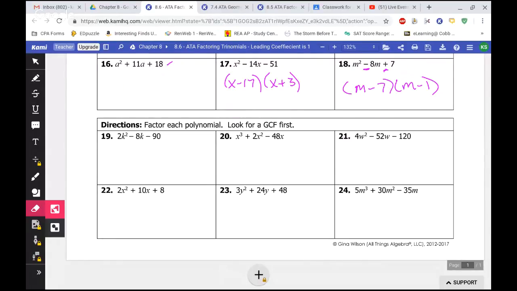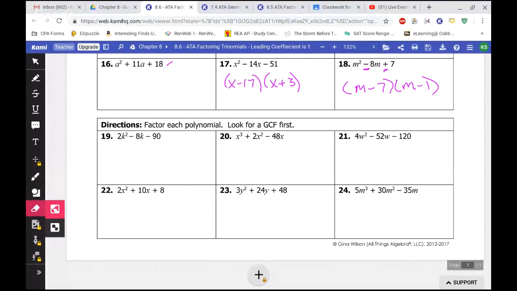Okay. All right, so the first thing that you need to do is take out the greatest common factor. So what you're looking for is something that each term can go into, something that each term has in common. So like in number 19, you know that each term is divisible by 2 first, right?